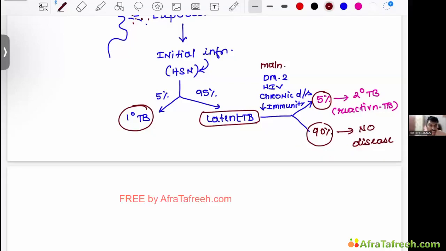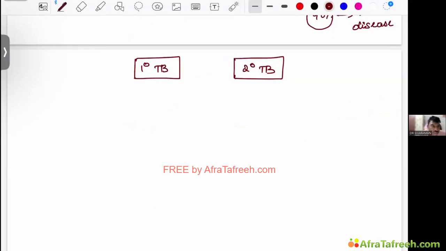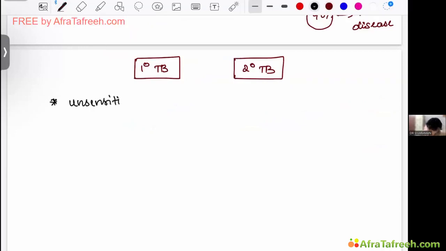Why does this occur? And what is the difference between primary tuberculosis and secondary tuberculosis? Primary tuberculosis is seen in an unsensitized individual, with a hypersensitivity reaction.